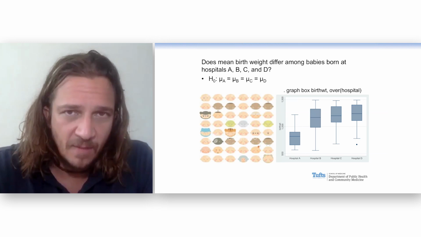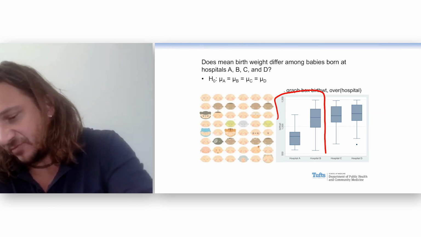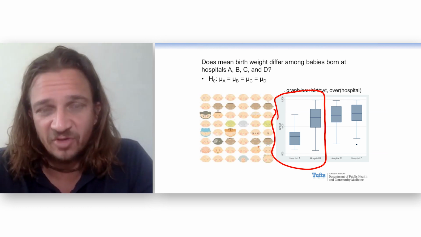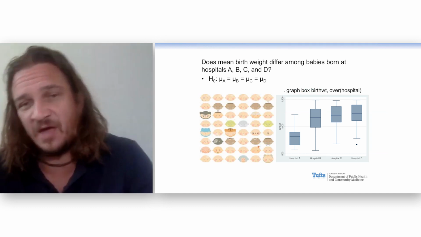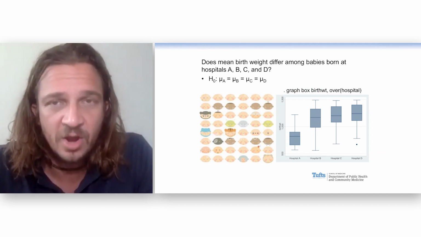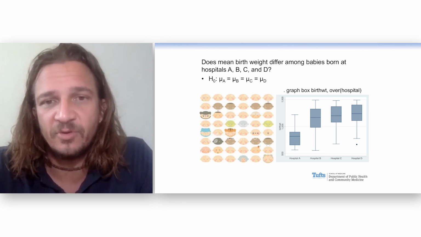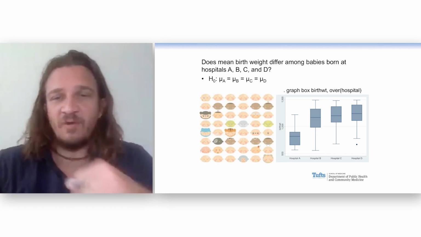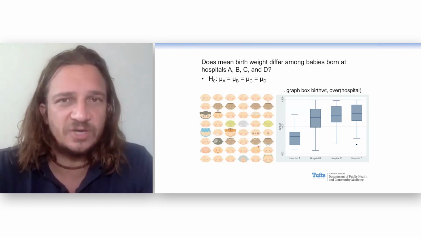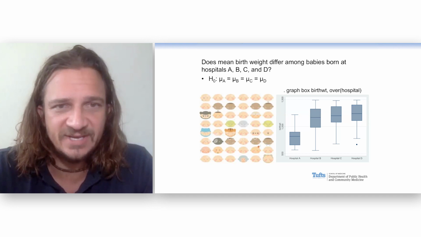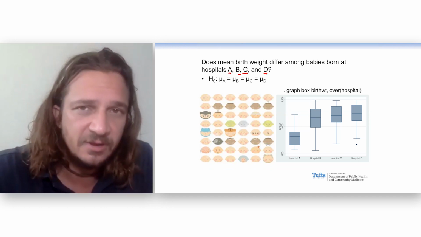We talked about a mental image of a t-test is just a box plot, really, of 2 groups, and you're looking at the mean of some continuous variable. But what if there are more than 2 groups? Well, now this is sort of our mental image of a one-way ANOVA. Remember those little babies we talked about and their birth weight? We talked about them floating around in space and fitting a model and all this sort of stuff. But what if your research question was simply, does the mean birth weight differ between babies born at A, B, C, and D?